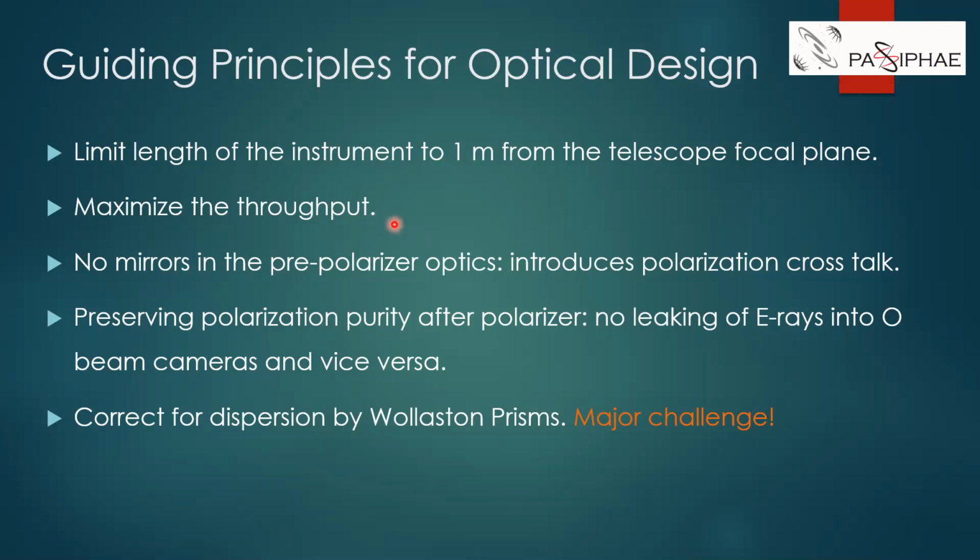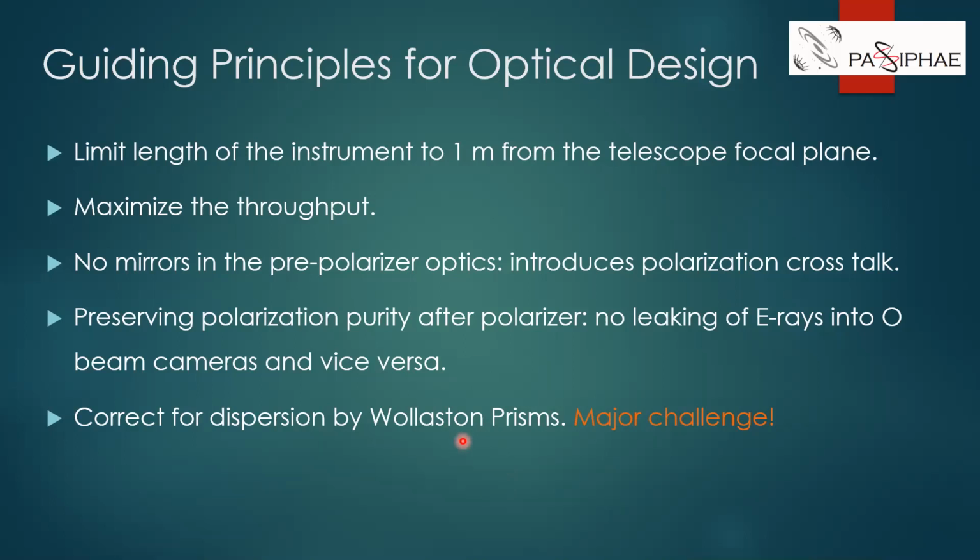We wanted to maximize the throughput of the instrument for better efficiency of observations. No mirror should be in the pre-polarizer optics, so that there is no introduction of polarization crosstalk because of these optics. And once the polarizer system separates the four channels, we did not want any leakage between the four channels that would corrupt the measurements of the Stokes parameters.